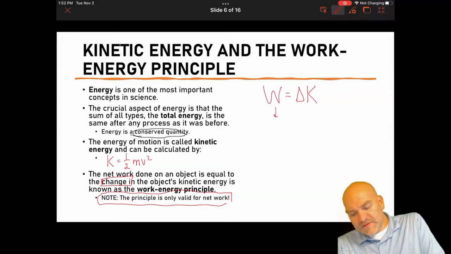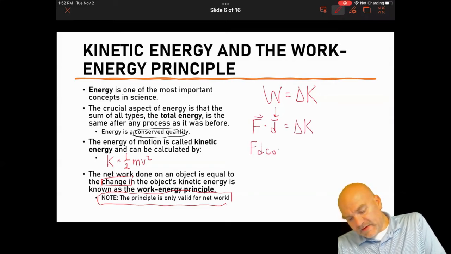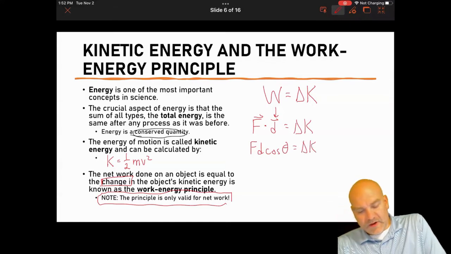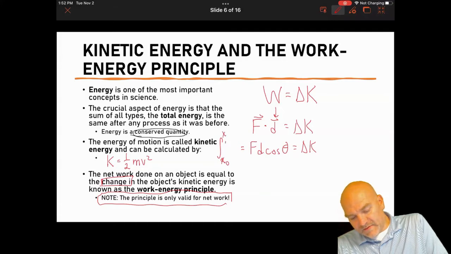But we can also substitute in these equations, right? So we can do F dot d, but we know F dot d is F d cosine theta, okay? And then you can also bring in the integral from x0 to x of F dot dx, right?